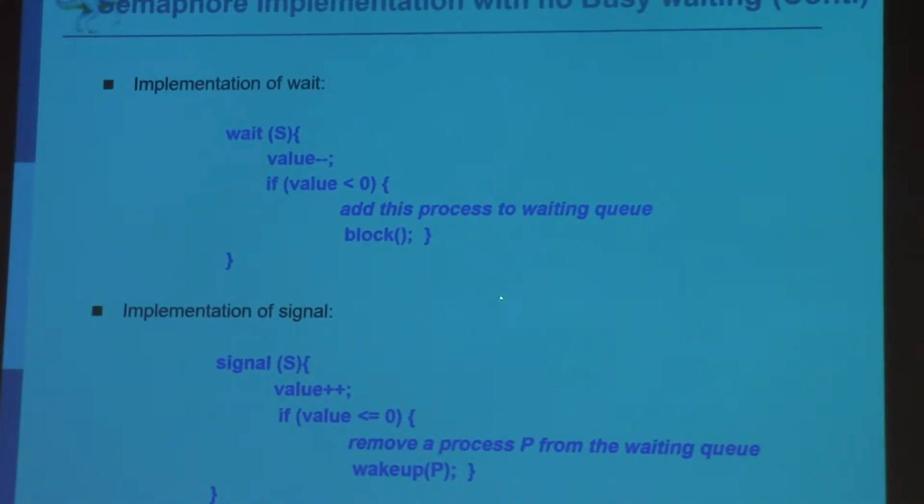So how does it work? The wait is based on block. If we try to enter the critical section, wait adds that process to the queue using block. And if the process leaves the critical section, wakeup removes the process from the waiting queue.